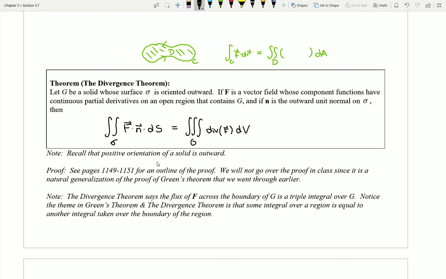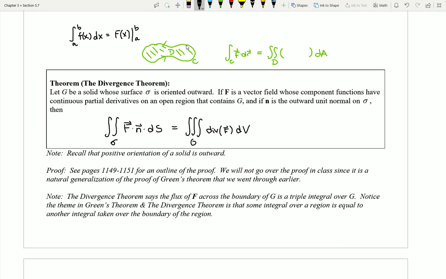In fact, this even relates back further to ideas of the fundamental theorem of calculus, all the way back in Calc 1, where we saw that there was a connection between a specific integral and the boundary of what we were integrating over, and for a very special select function, we could work with that function evaluated at some endpoints, that is, the edges or the boundaries of our interval.